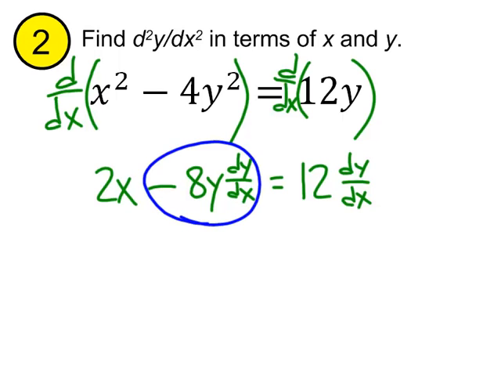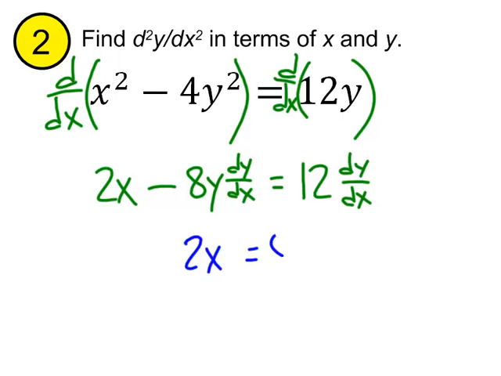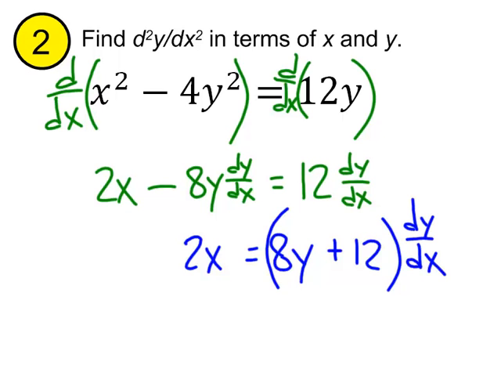Let's move this over to the right of the equal sign, and we'll get 2x equals 8y. And let's factor out the dy over dx at the same time. How about that? Plus 12 dy over dx. So again, 8y times the dy over dx gave us this term. And then 12 dy over dx gave us this term.